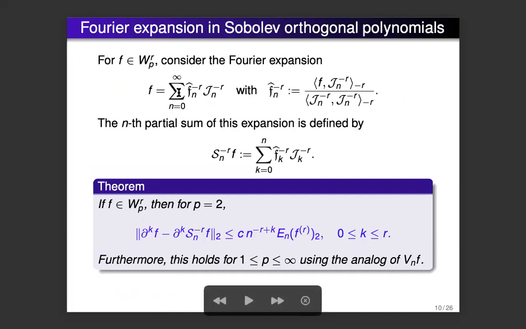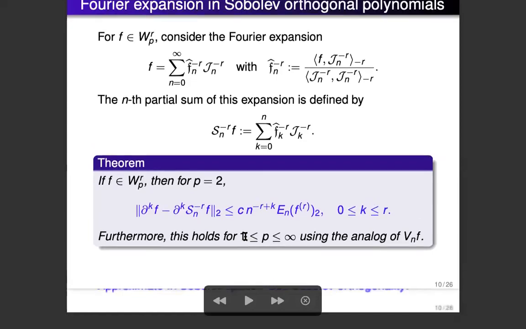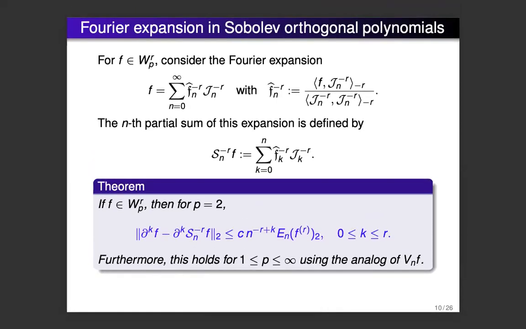So we write down the Fourier expansion. We can still do the Fourier expansion as before, and you can define the Fourier partial sum. Of course, everything here is with the orthogonal polynomials given before. Then here is a solution. If f is in the Sobolev space, which means you have the p-norm of the r-th order derivative, then for p equal to 2 you do have that this is less than or equal to that.